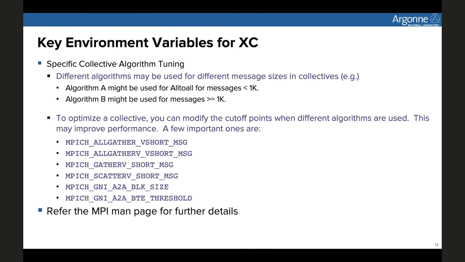Those defaults could be changed by using environment variables such as MPICH allgatherv short message. So these are only some of the things that I'm putting just as an example, but you could find more details on the man page.